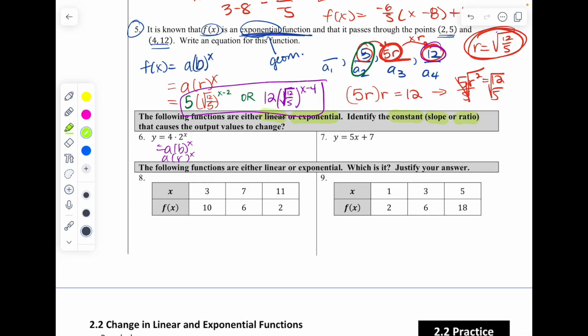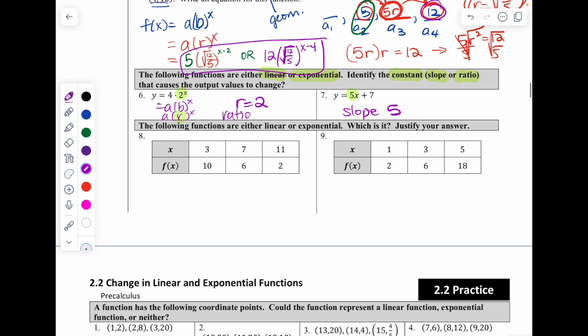In this case, the constant is r equals 2, so we have a common ratio of 2. And if we look here on number 5, our slope is 5. So we know that this is a slope of 5.